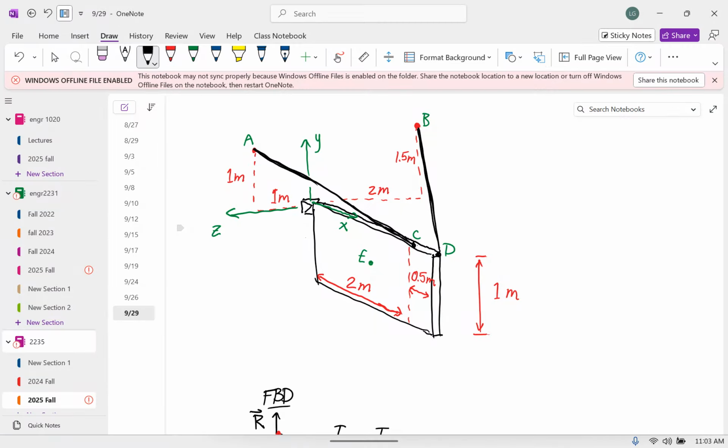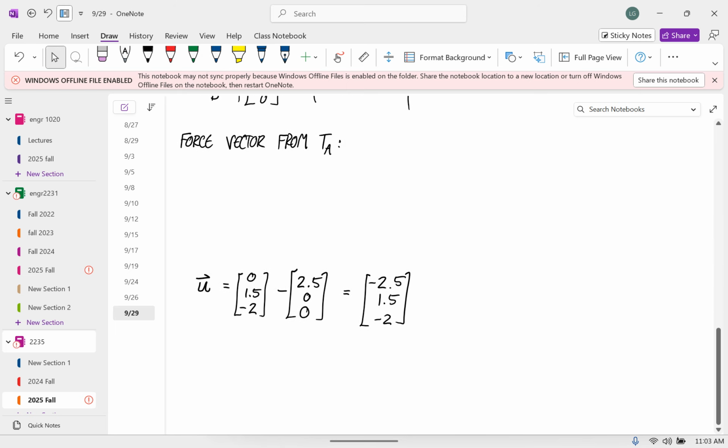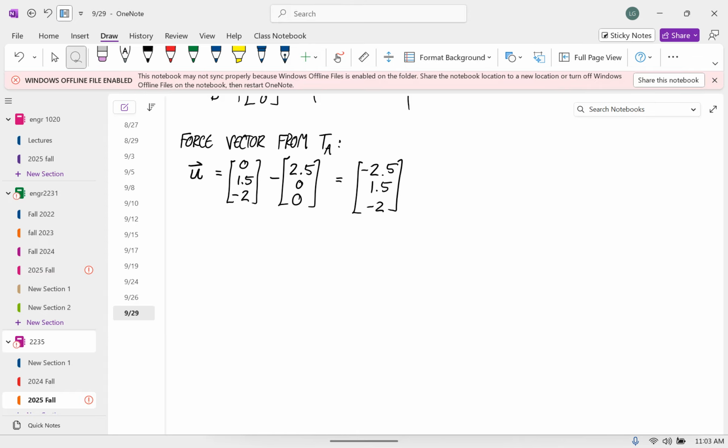The points A and B are on opposite sides of the XY plane. You see that? Okay, so that's a vector that's in the direction of the force. It's just not the right magnitude.